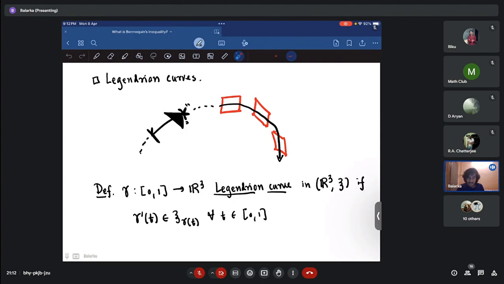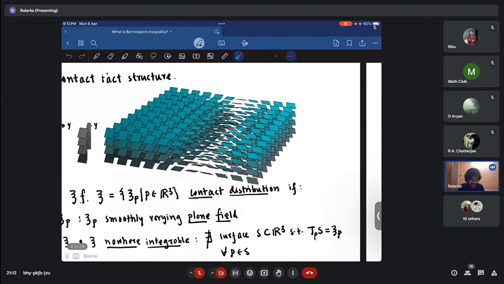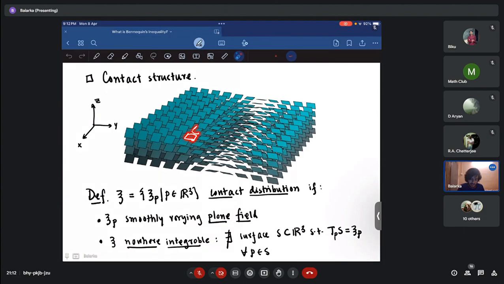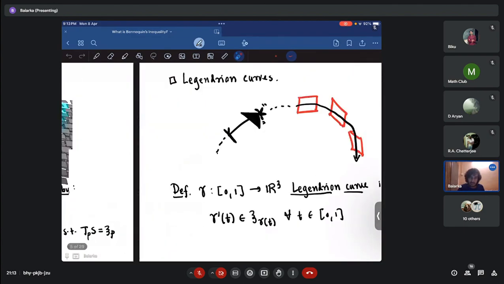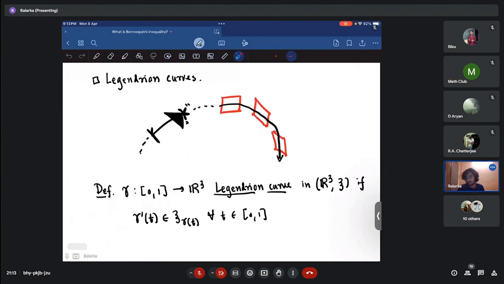So the trajectories of this aeroplane are necessarily tangential to the planes at each point. Right? And so what will the trajectories be? The trajectories that you'll get are called Legendrian curves. The definition is, you have a curve in R3 and a contact structure xi in R3.